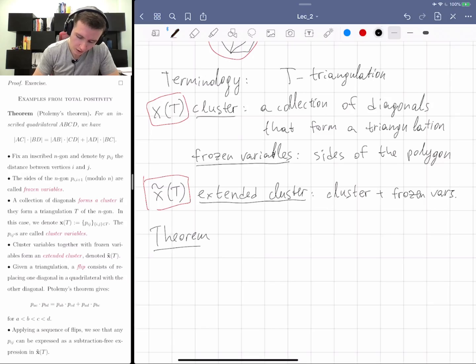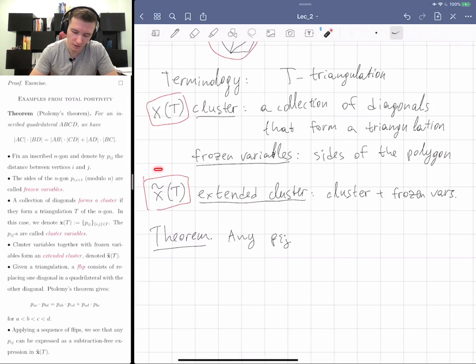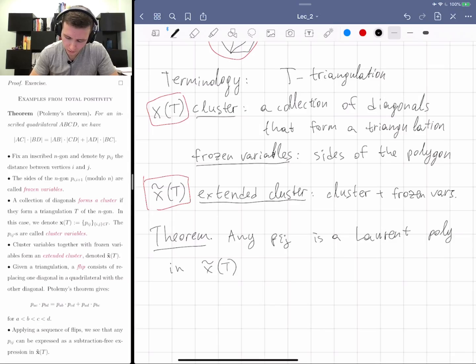Theorem: any Pij you can write in terms of the extended cluster using Ptolemy's theorem. And the claim is that any Pij is a Laurent polynomial in the extended cluster with positive integer coefficients.